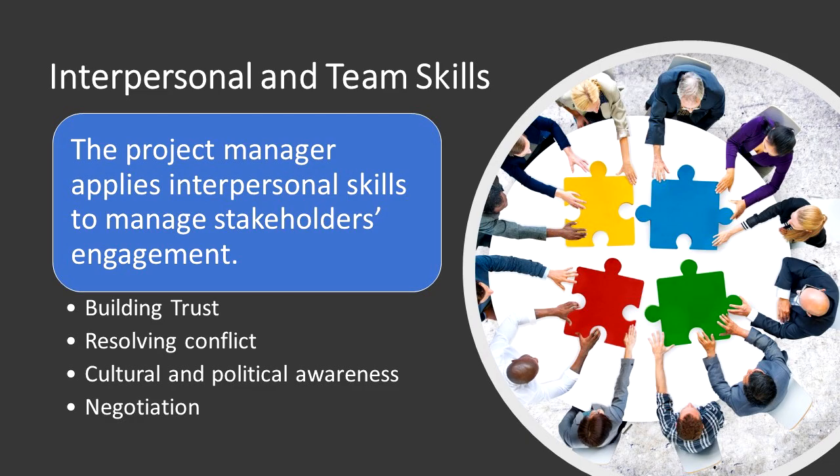Being aware of the culture, the environment in which the project is taking place is important. Understanding cultural differences of stakeholders. The ability to negotiate, the ability to observe stakeholders and converse with stakeholders is part of interpersonal and team skills. Being politically aware, political awareness, also a big plus when it comes to communicating and engaging stakeholders.